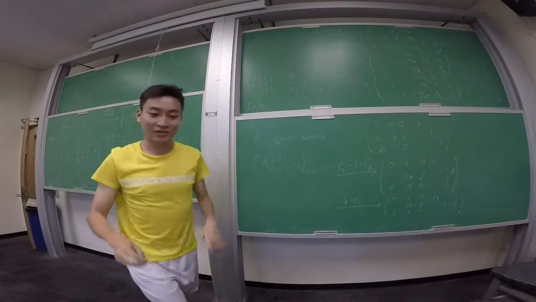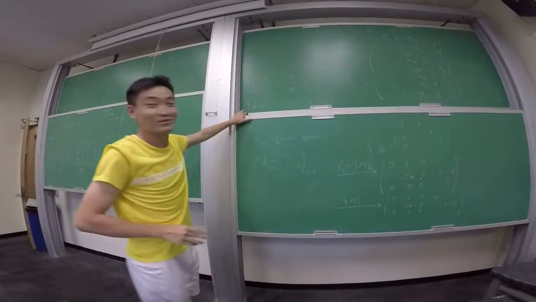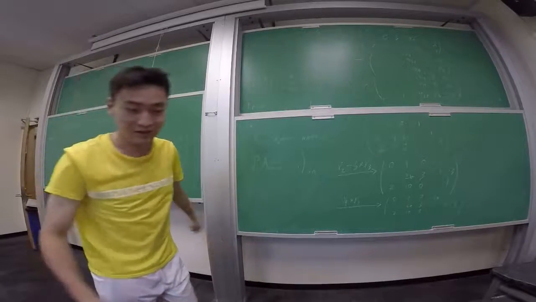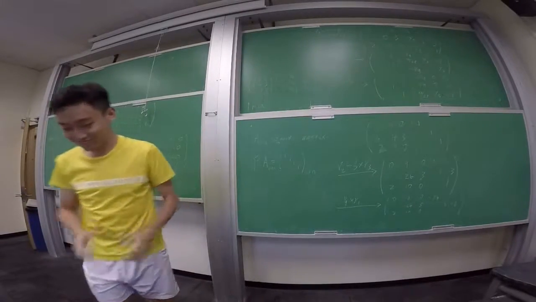This is a way of finding the inverse, and you are going to use that all the time in the future. So, okay, I think time's up. Any questions about this? Good? Okay.